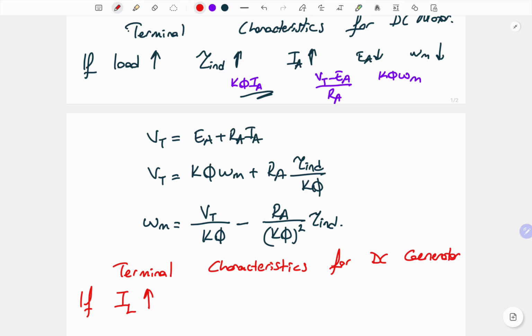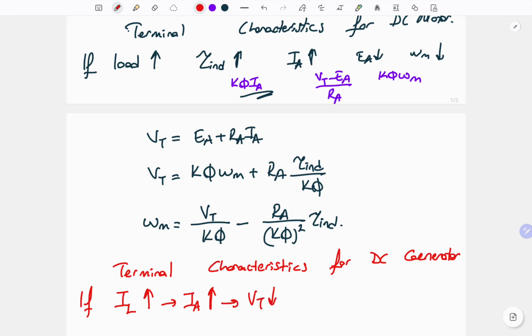Then what will happen? First of all, let's think about the separately excited version. IL is exactly equal to IA. So that means IA must increase to be able to supply this higher load torque. Then, if we increase the IA, our terminal voltage must decrease from the first expression.